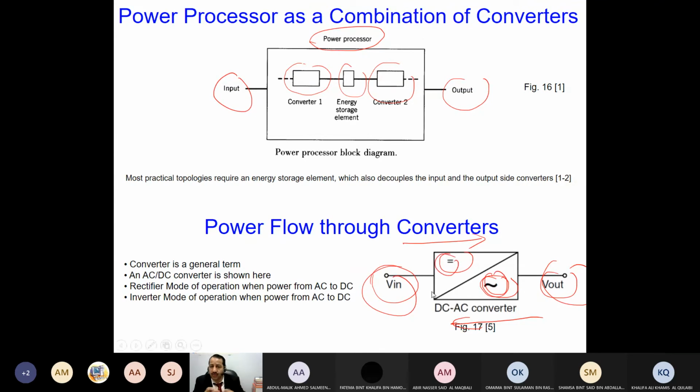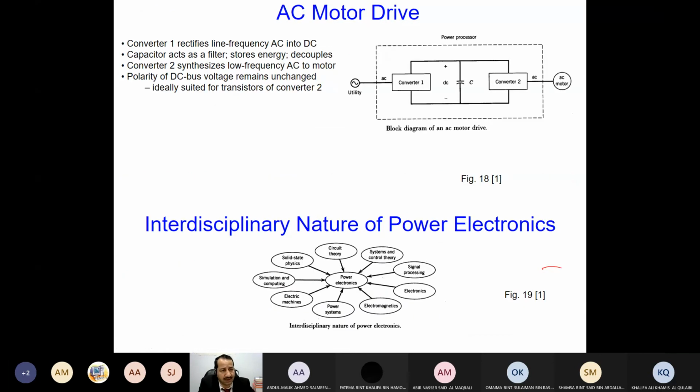Converters with dual operation are also something we are going to discuss, mainly used in ovens and in supplying AC motors, where we have the utility, convert it into DC using a capacitor to smooth, and then invert it back into AC. So control occurs in this stage.